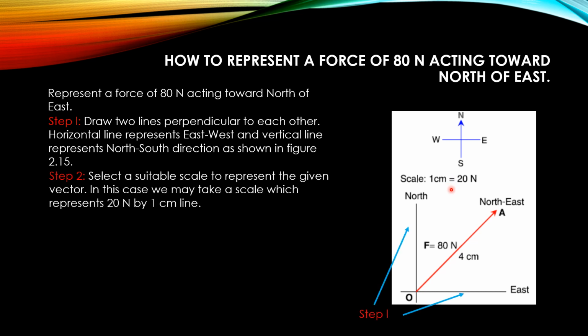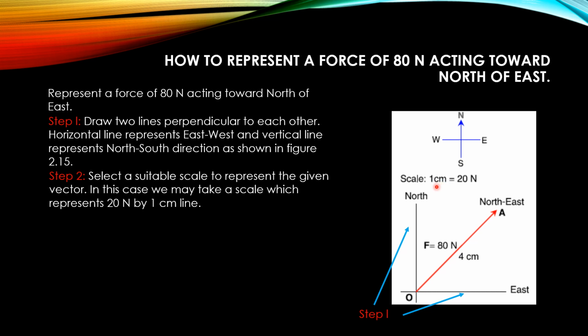The next step is select a suitable scale to represent the given vector. In this case, we may take a scale which represents 20 Newton by a 1 centimeter line. We cannot draw 20 Newton on a piece of paper, so we need to select a suitable scale in which we can show the value in centimeters.